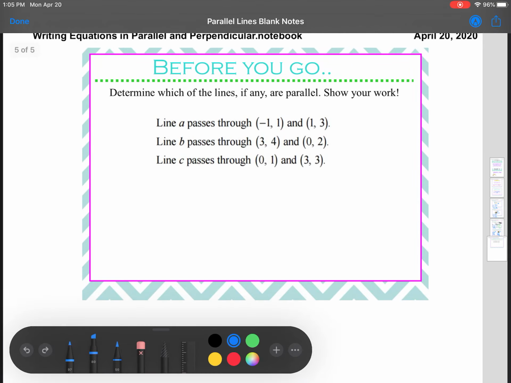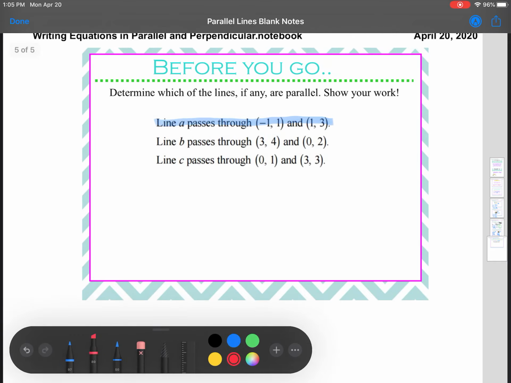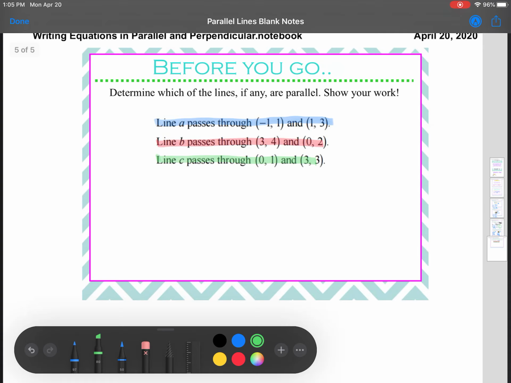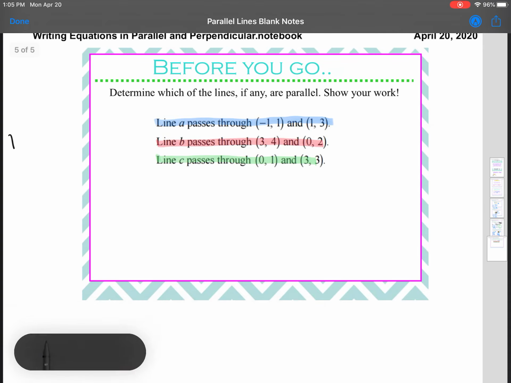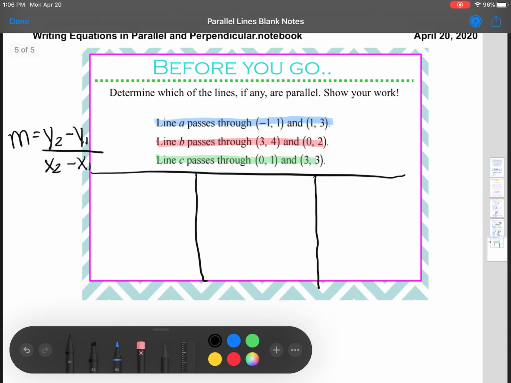What we're going to do is find the slope for line A, the slope for line B, and the slope for line C. I'm going to take my black pen and rewrite the slope formula: m equals y2 minus y1 over x2 minus x1. Then I'm going to split my space into 3 parts, and we're going to find the slope for each.